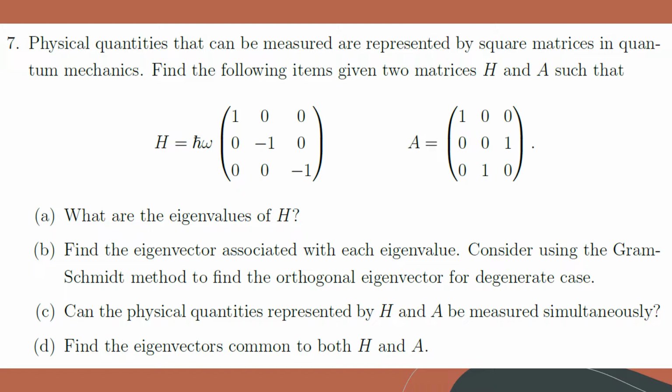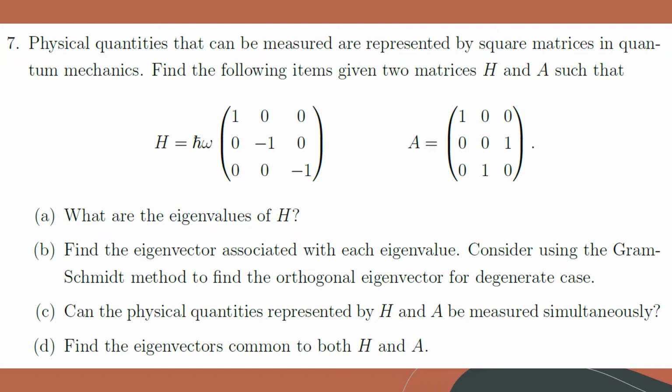So matrix mechanics is associated with Heisenberg, right? Normally operators are represented by square matrices, whereas vectors are represented by column matrices.